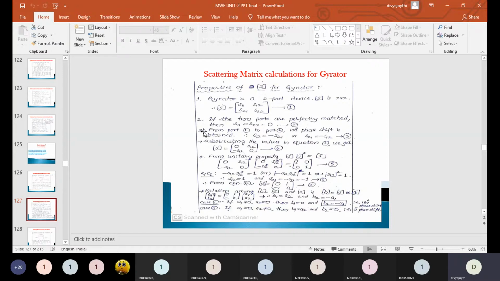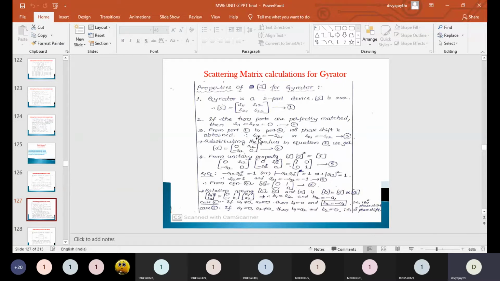And the third property: from port 1 to port 2, a 180-degree phase shift exists. When the wave is transferring from port 1 to port 2, there is a phase shift of 180 degrees. So the suffixes 12 and 21 will be equated with a minus symbol, because from 1 to 2 there is a phase shift of 180 degrees.